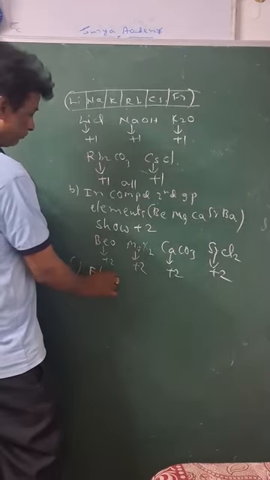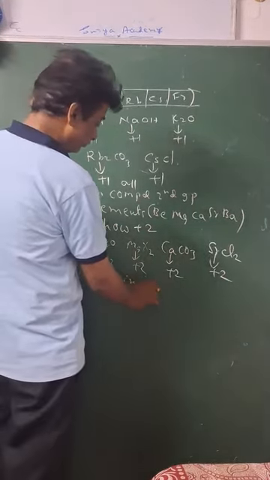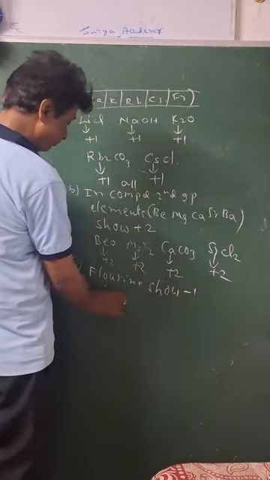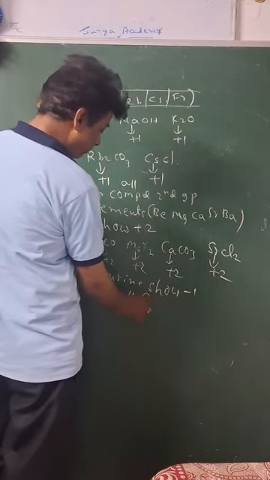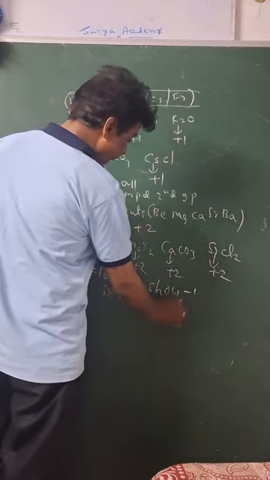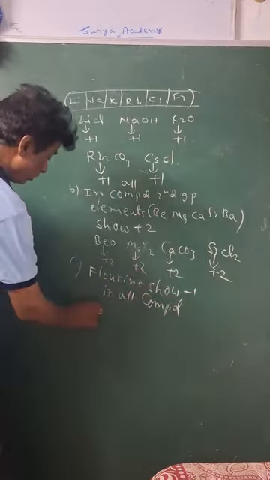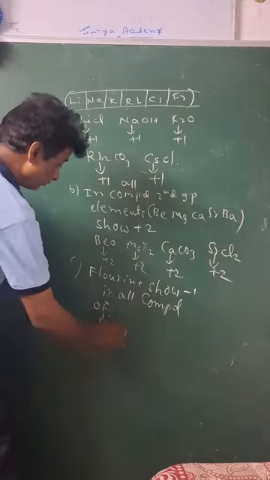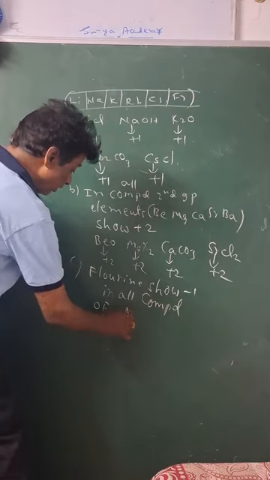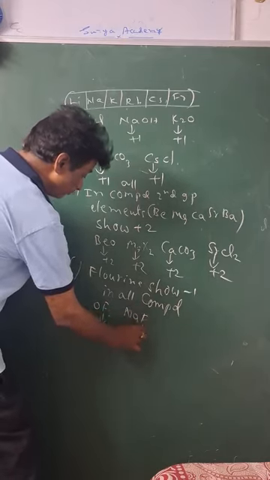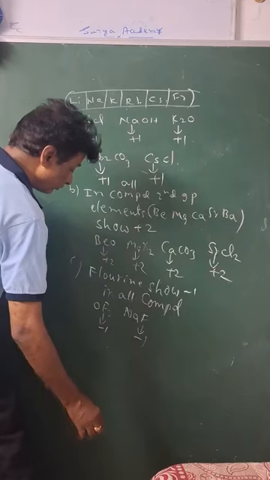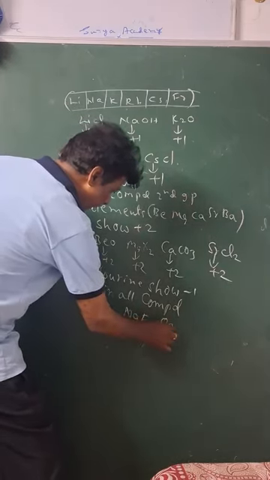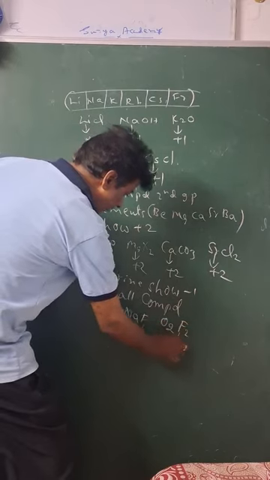Fluorine shows minus 1 in all compounds. OF2, minus 1. NaF, minus 1. O2F2, minus 1 in all compounds. In all compounds, fluorine shows minus 1.